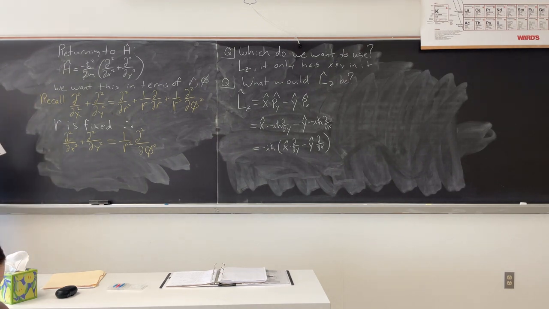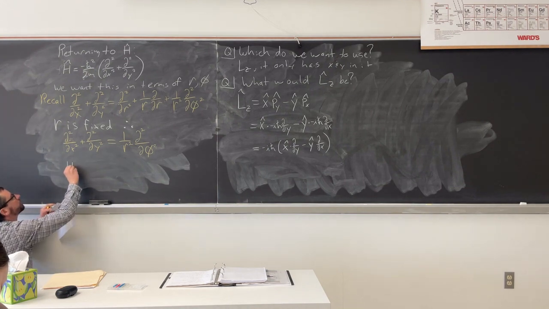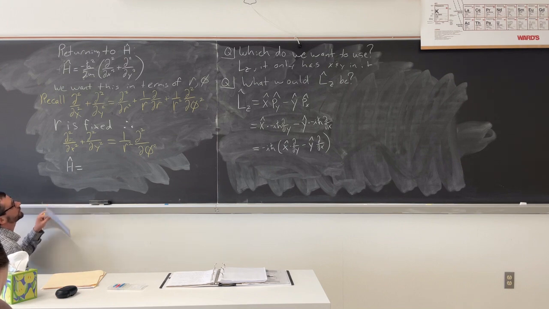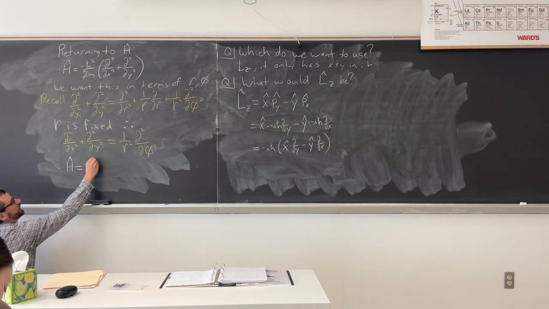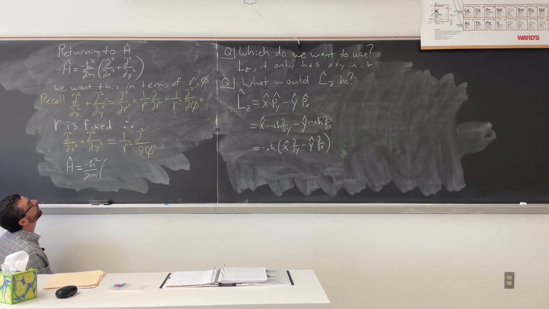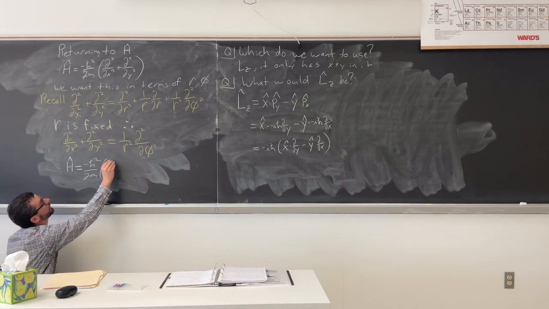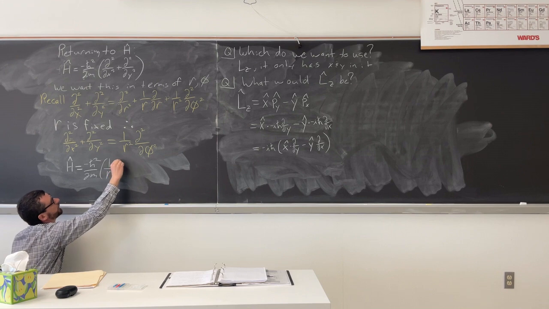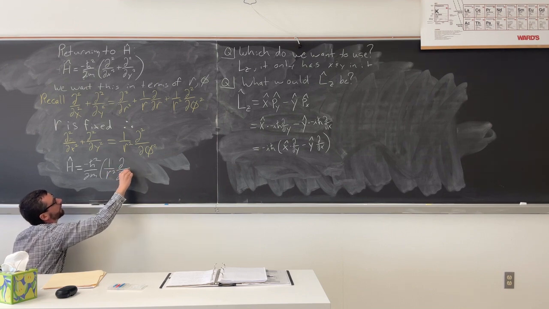Let's take that and plug that into our Hamiltonian. So H hat, we still have that negative h bar squared over 2m. What happens to that derivative? It becomes what? Yeah, a phi.